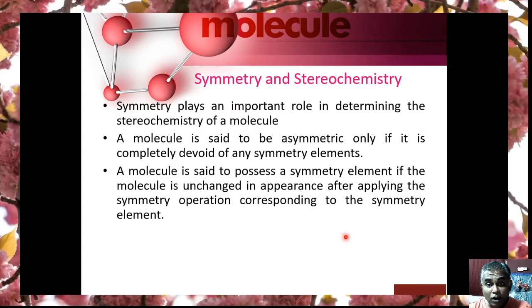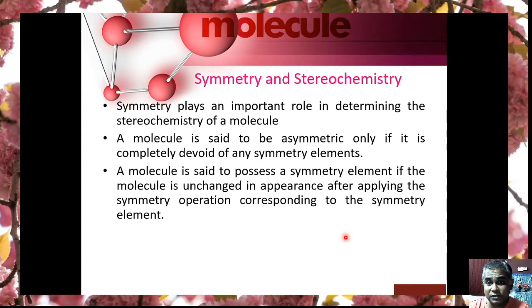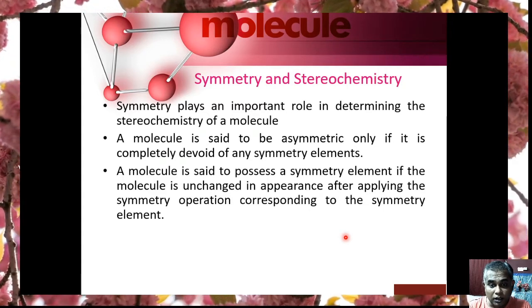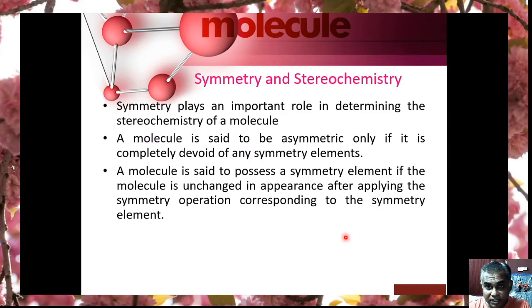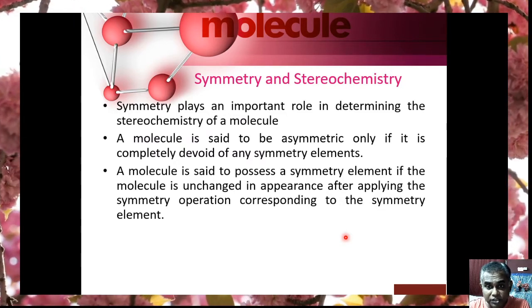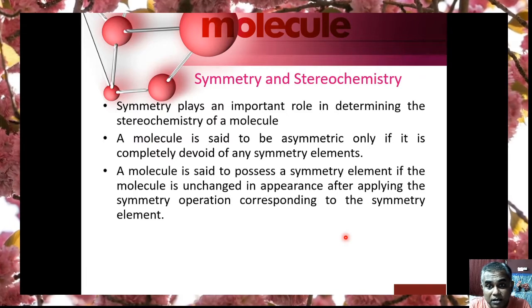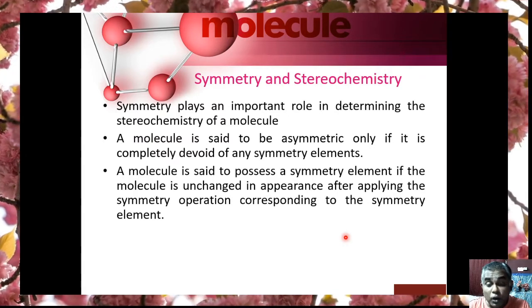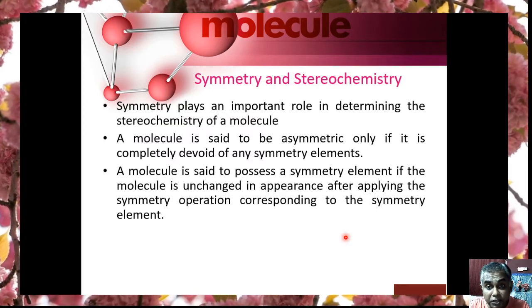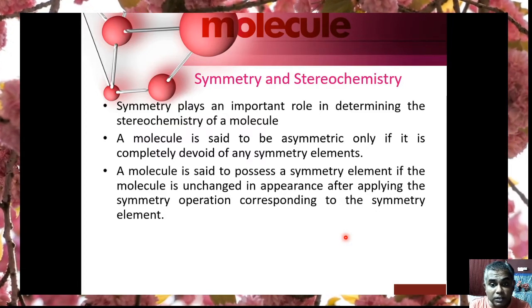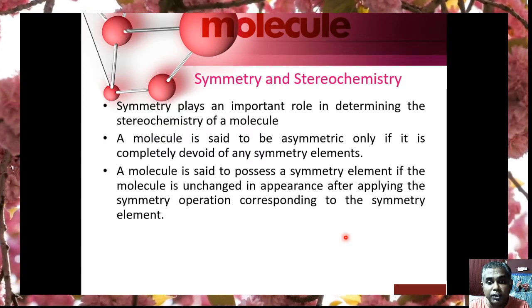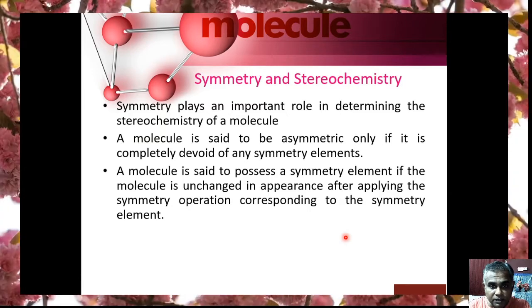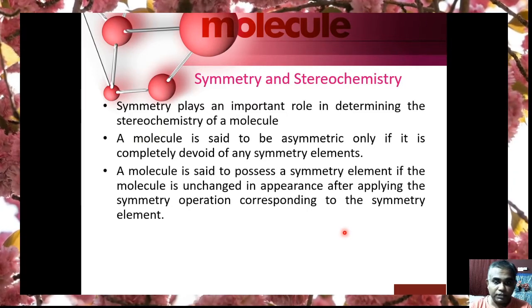A symmetry operation is a series of steps, either rotating or reflecting, or the series of experimental operations that you do in order to ensure whether that particular object or molecule is symmetric. We will be quickly looking into the various symmetry elements and symmetry operations.